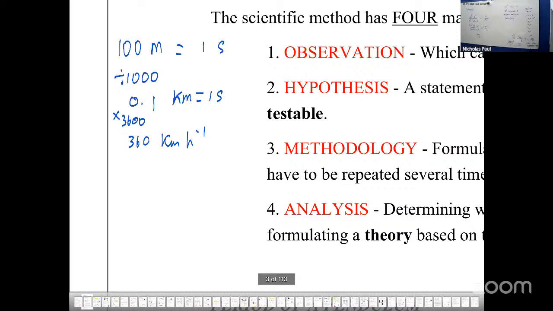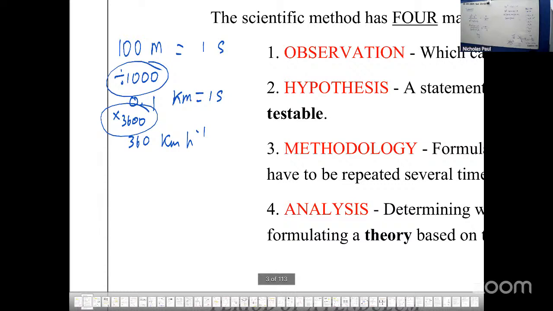You can combine the divide by 1,000 and multiply by 3,600 into one. But in the exam, you might remember to convert meters to kilometers and then seconds to hours. If you can remember the shortcut as well, just multiply by 3.6.